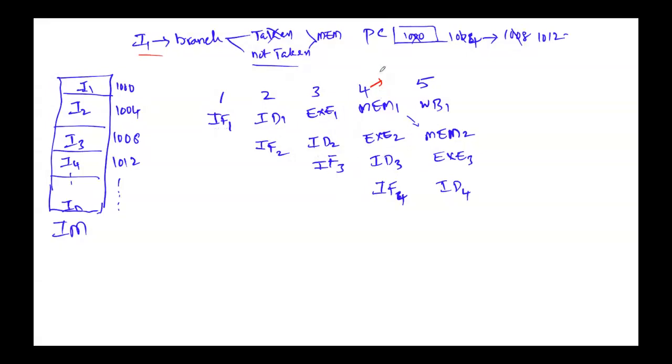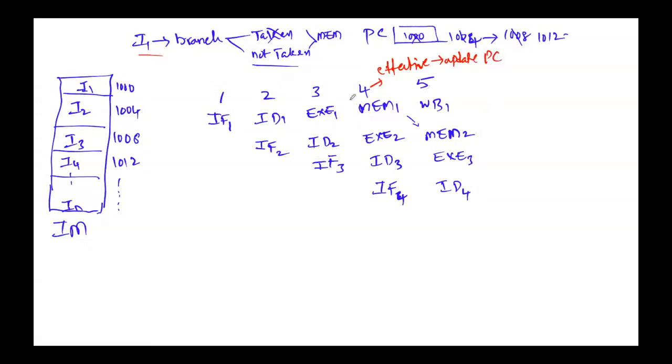Now at this fourth stage, the branch effective address is calculated, and that will update the program counter, as we saw in our previous slide.